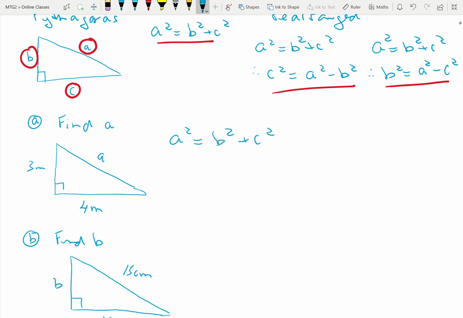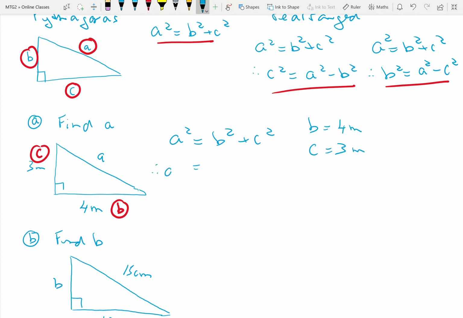And my value of b is going to be equal to 4, and my value of c is equal to 3. Now, they're interchangeable. It doesn't matter which one's a, which one's b, or which one's c. But in this case here, I'll just go b for bottom or base, and my c is going to be my side. So I substitute those values into my equation.